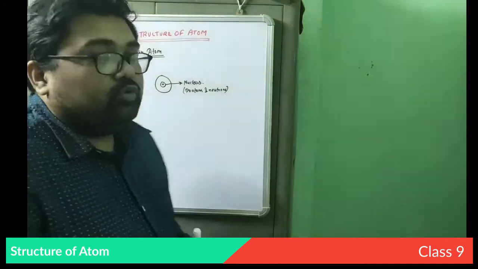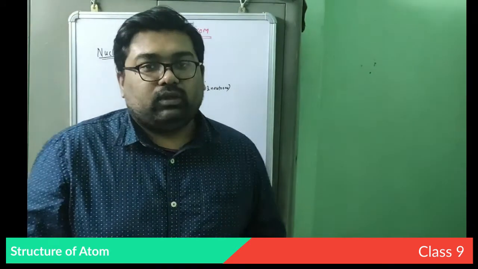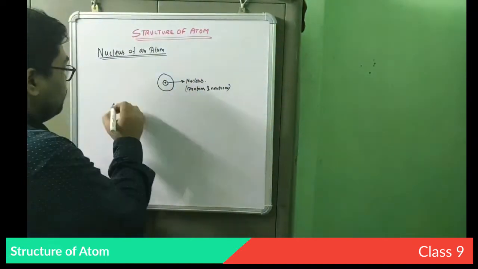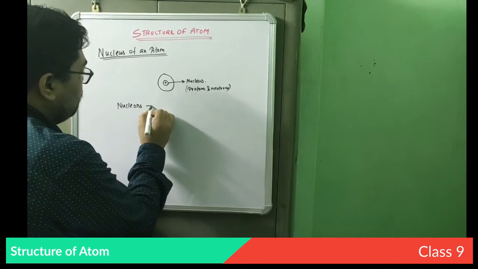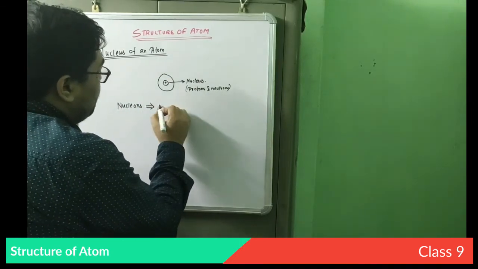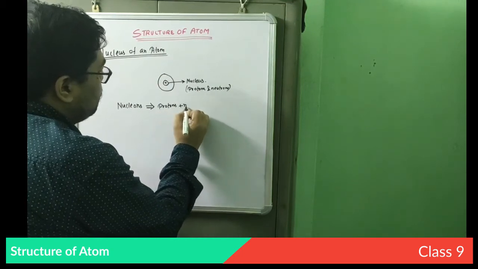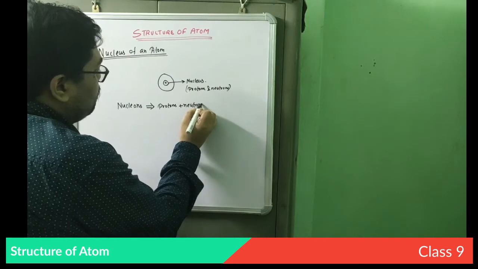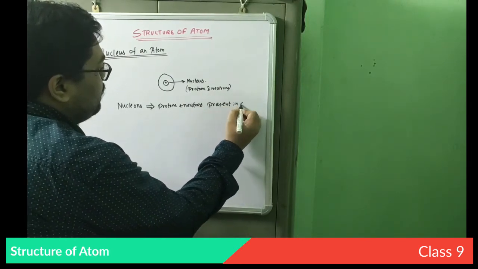That is, protons and neutrons are present inside the nucleus of an atom, and there is a term called nucleons. What are they? Nucleons is actually the number of protons plus neutrons present in an atom.